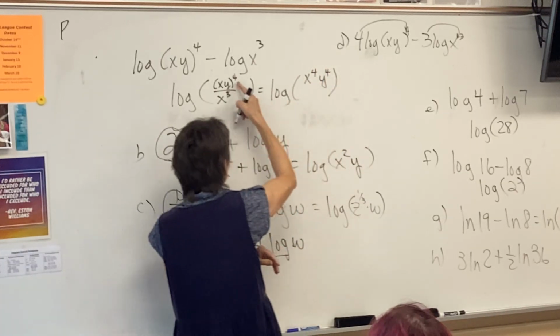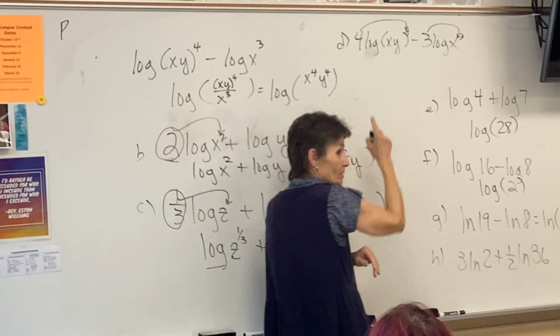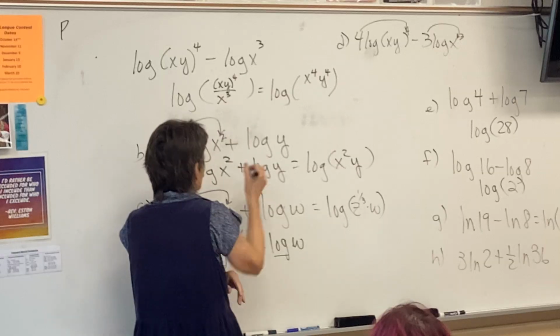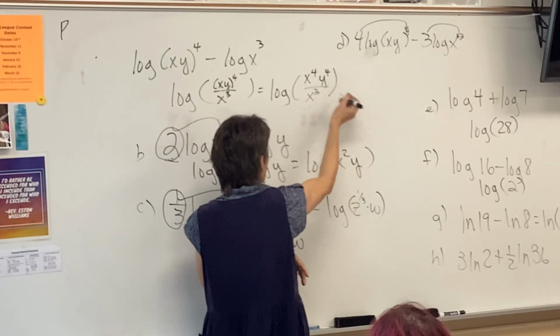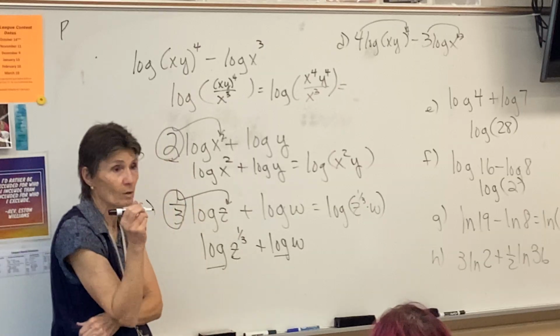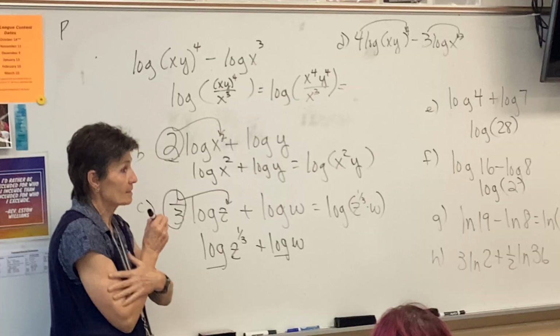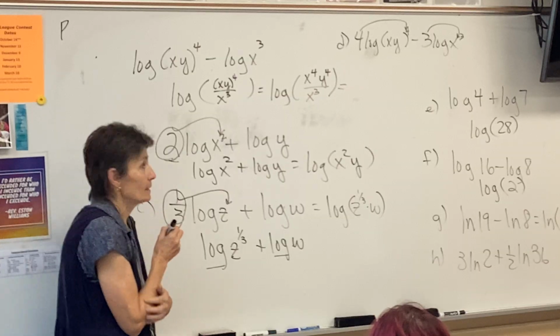Would you agree with that? That 4 goes with both? So now I have an x to the 4th and a y to the 4th over the x cubed. Does that simplify? Yeah.